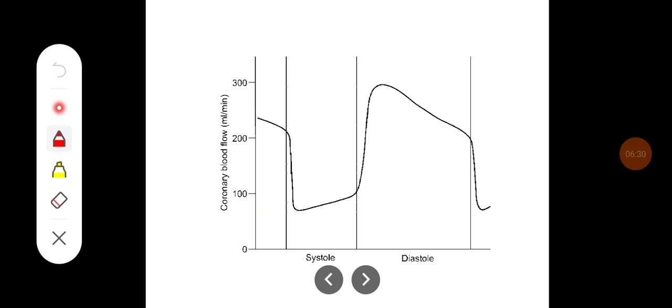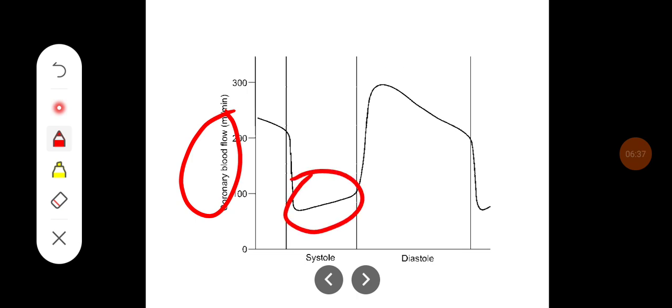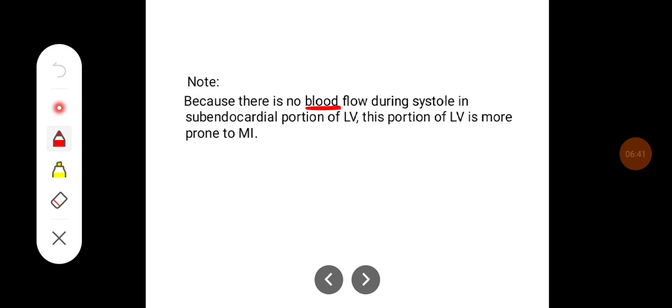So this is the overall coronary blood flow to the myocardium. You can see that it drastically decreases during systole and it increases during diastole. Because there is no blood flow during systole in the subendocardial portion of the left ventricle, this portion is more prone to myocardial infarction.